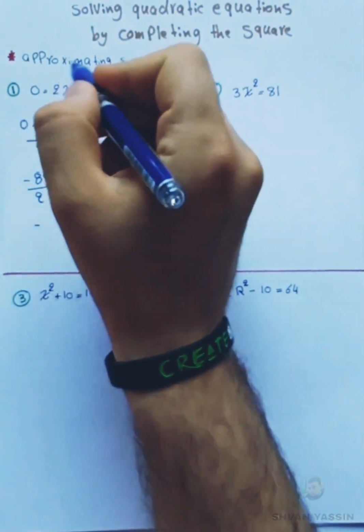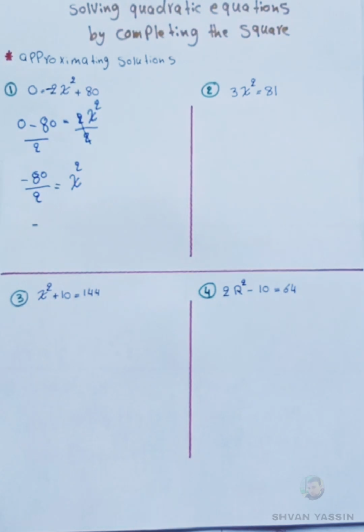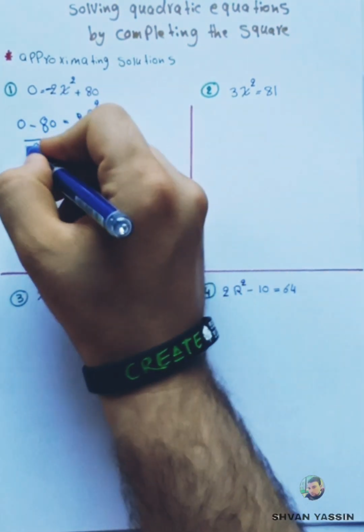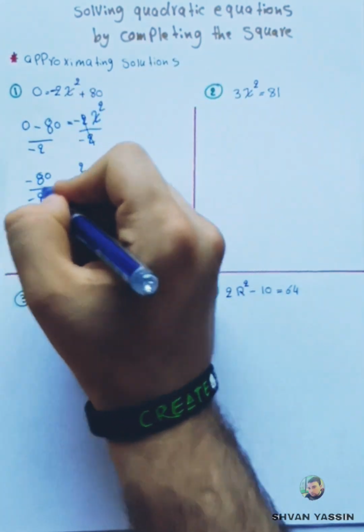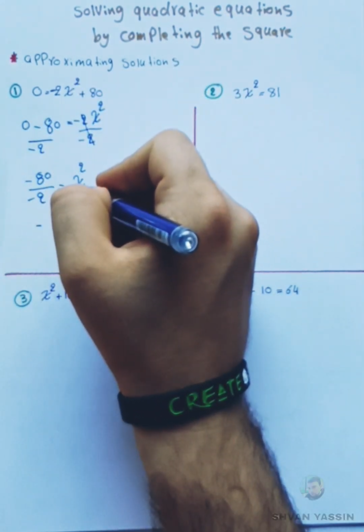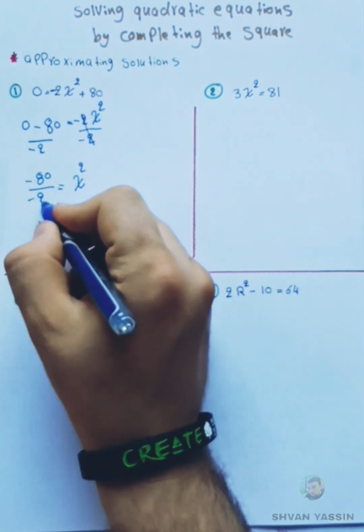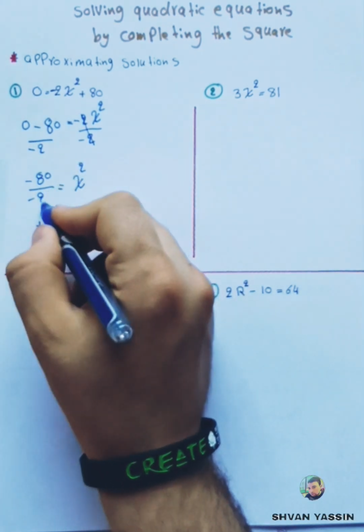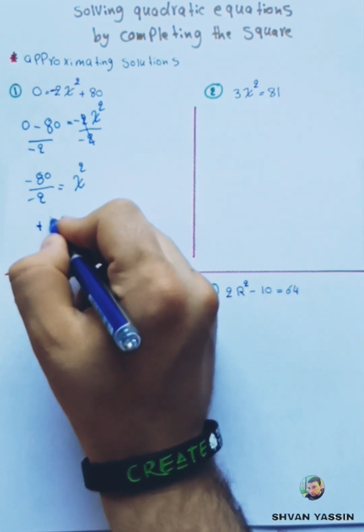but the value of this 2 is negative, and then you have to divide both sides by negative 2, so the value for x squared equals negative 80 divided by negative 2, which is positive 40.